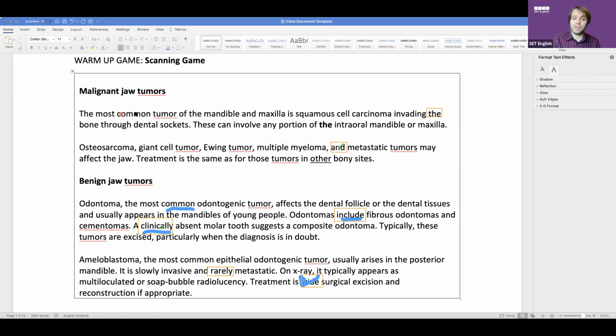They have a very similar meaning. Okay, find me the synonym for jaw. 5, 4, 3, 2, 1. Mandible. Okay. Find me a synonym, please, for relating to teeth. Dental. Yeah, dental, there we go.